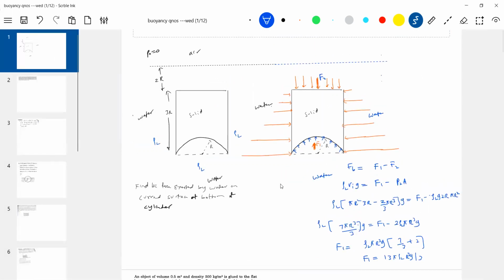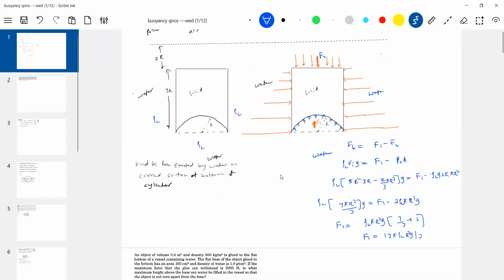I'm showing the total question. Note, not only this, any object. If you know the force acting here, and you know the buoyant force, you can calculate the force exerted by the liquid on the bottom.